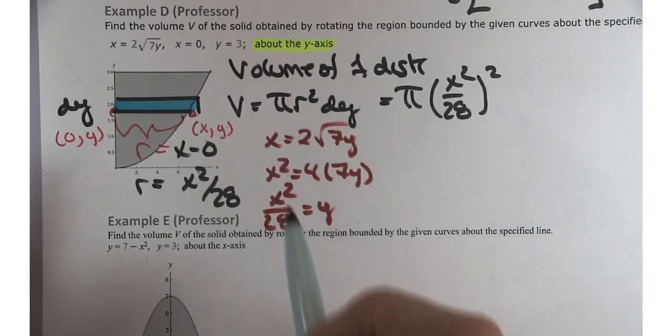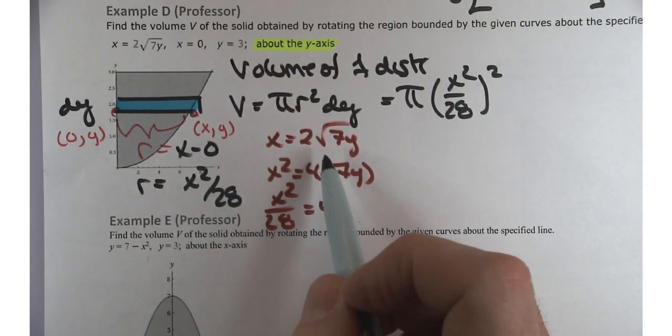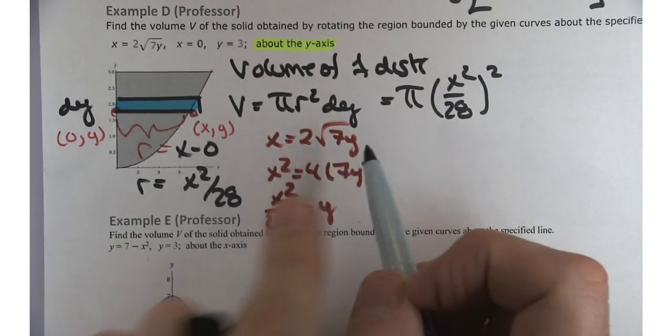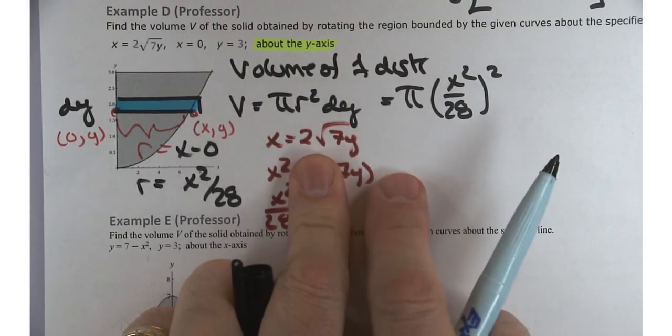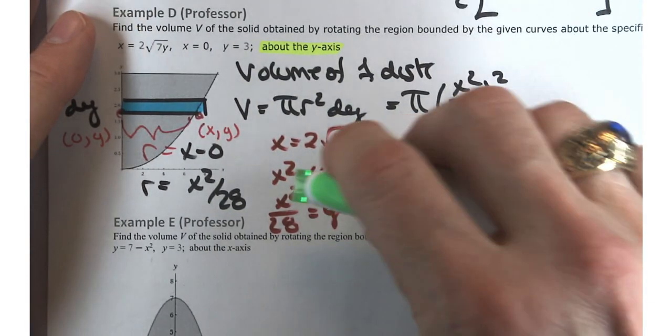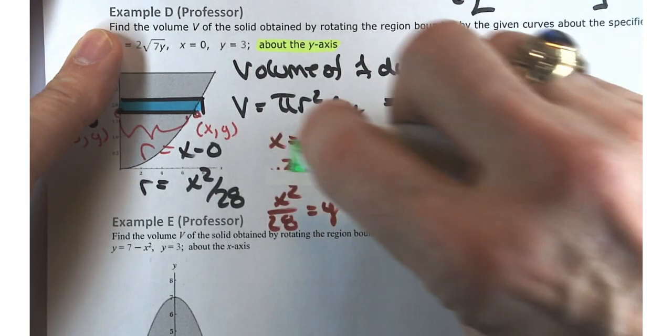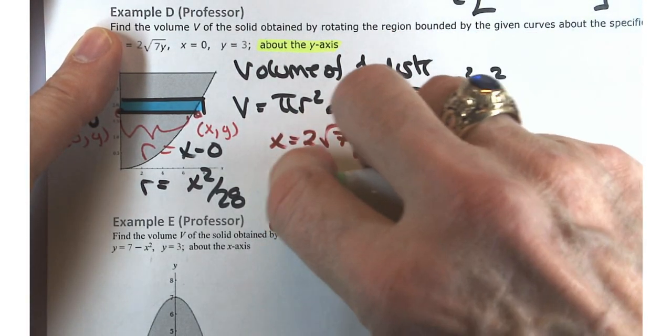Well, let's see here. Sorry, I had my expression that I should have used here, right? Yeah, I'm just so much in the habit of solving for x's. All right, so let's see here. There we go.